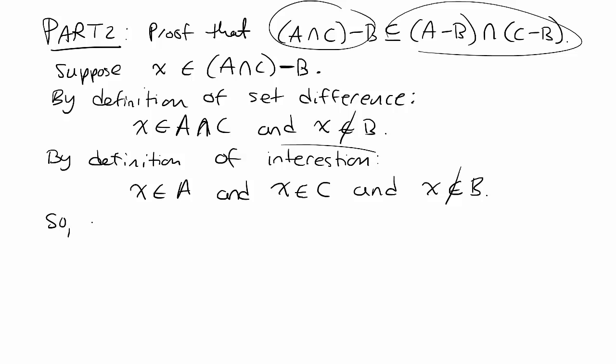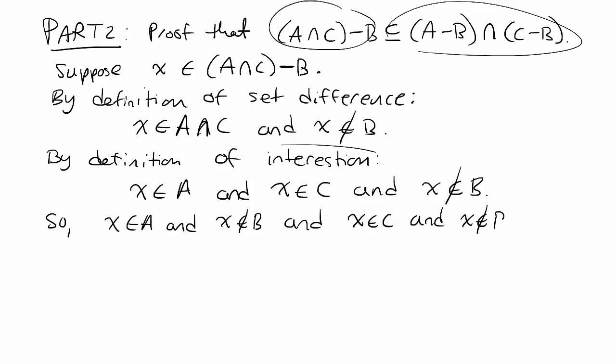So I'm just going to kind of do a little rearranging here. This is going to be generalizing. So I'm going to say X is an element of A, and X is not an element of B. And X is an element of C, and X is not an element of B. And we're going to build it back up. So we broke it down. We're going to build it back up into our set notation.